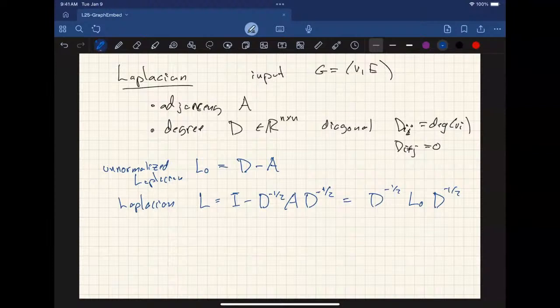Similar to when we L1 normalized the adjacency matrix to get the probability transition matrix, that ensured that just the columns were normalized. This is applying it to both sides of the matrix. So I'm taking the degree distribution and normalizing the adjacency matrix based on how many edges each of those vertices has.